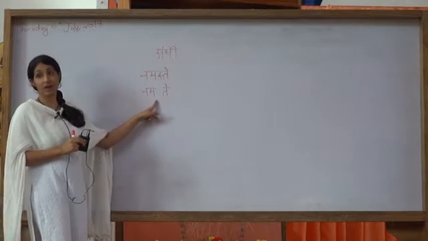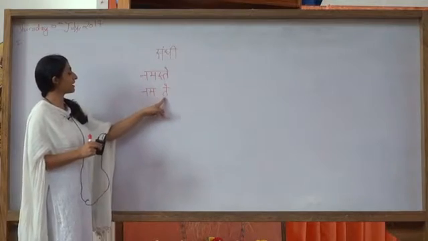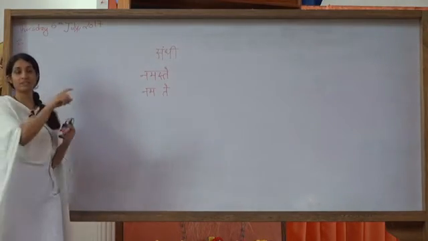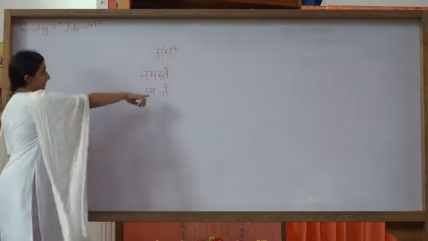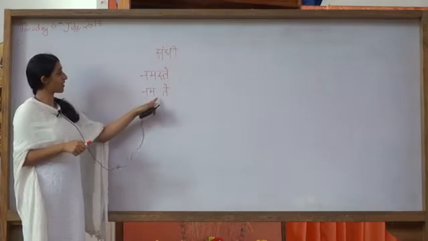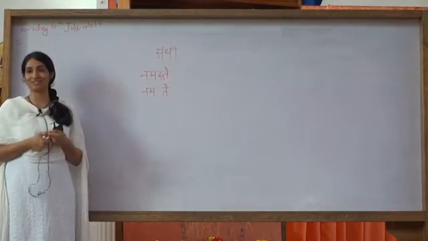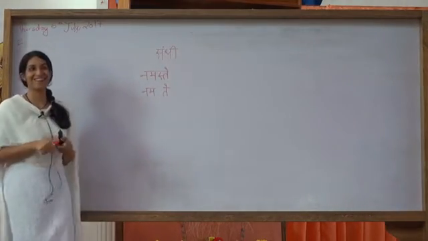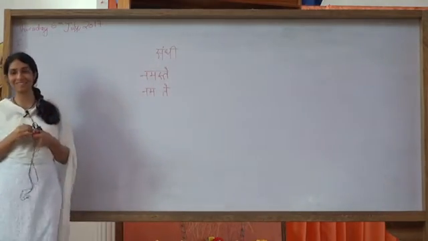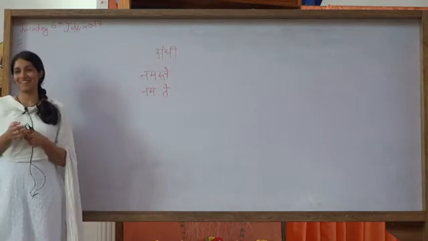Before the Visarga we have a, and after the Visarga we have a ta. So if you watch in the chart, there's a column for just the ta also. And you'll see that if you have a before and a ta after, what happens to the Visarga? It changes into a sa, right? So then this becomes namaste, means salutations to you, right?